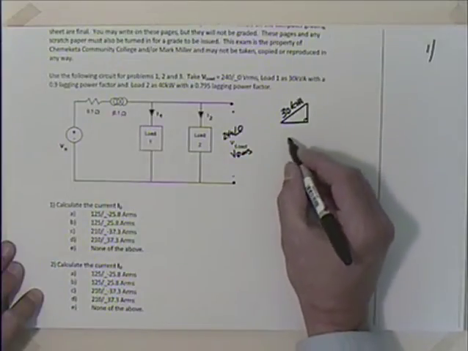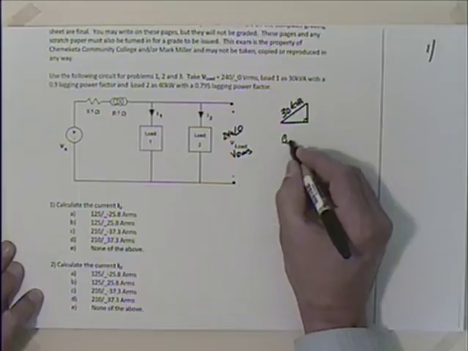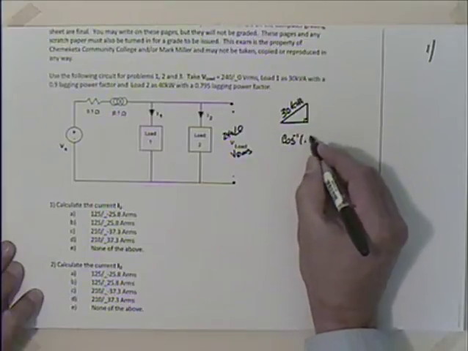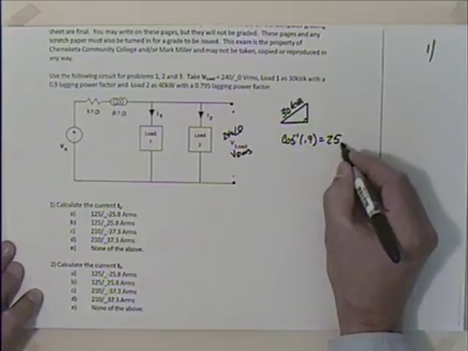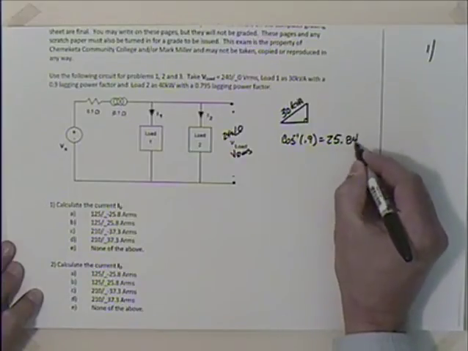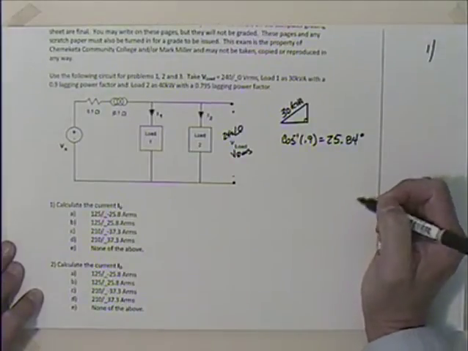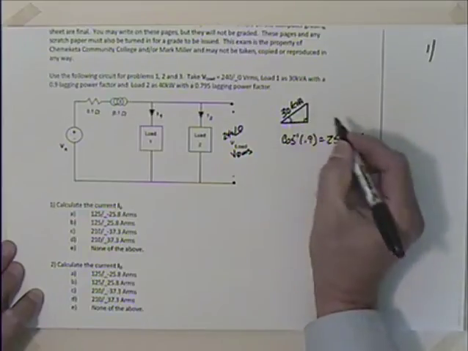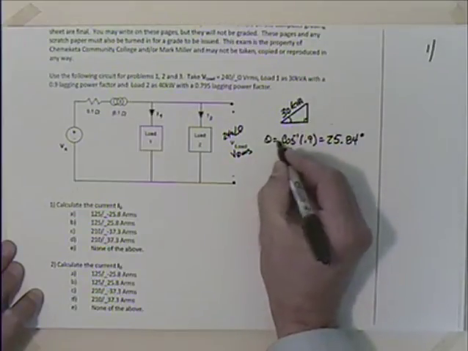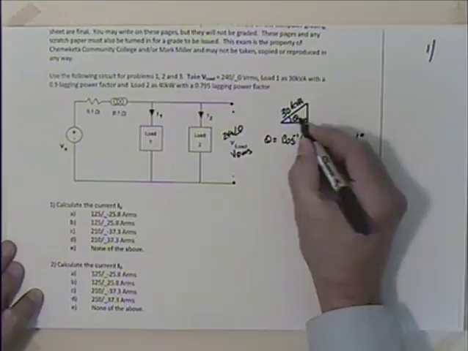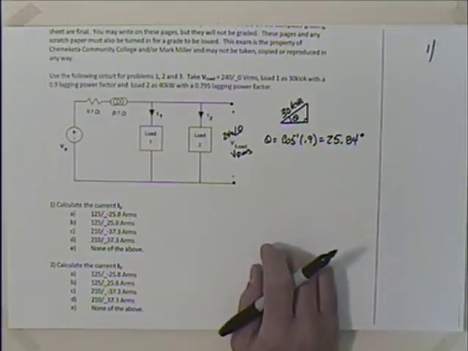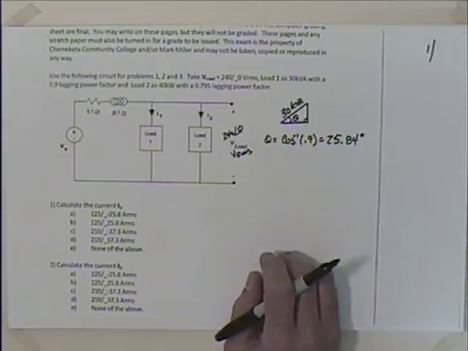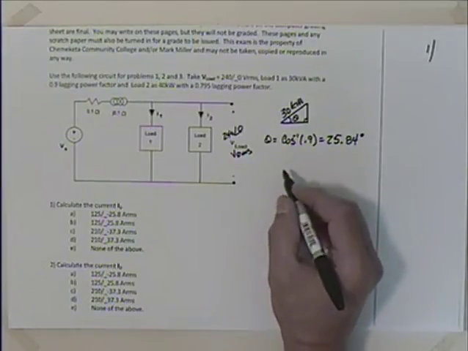With a lagging power factor, I could say that the inverse cosine of 0.9 turns out to be 25.84 degrees. So now I know what theta is, and with that theta, I could figure out what the complex power was.